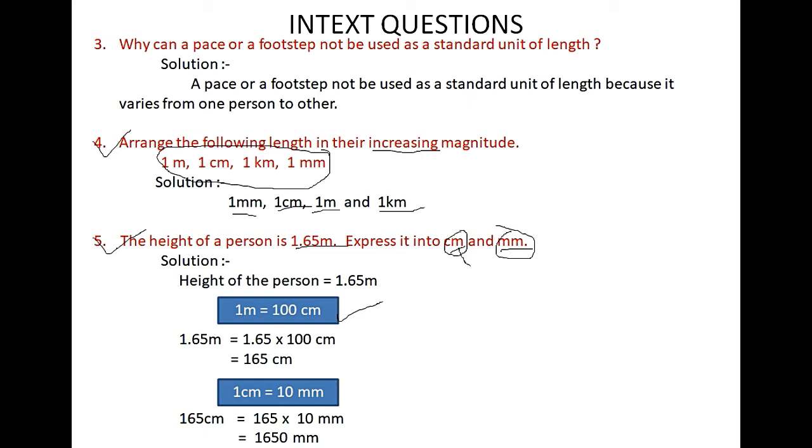So the first step is to connect the relation between meter and centimeter: convert the 1.65 meter into centimeter. After that, from this value, you can calculate from centimeter to millimeter. Given that the height of the person is 1.65 meter, and we know that 1 meter is equal to 100 centimeter.